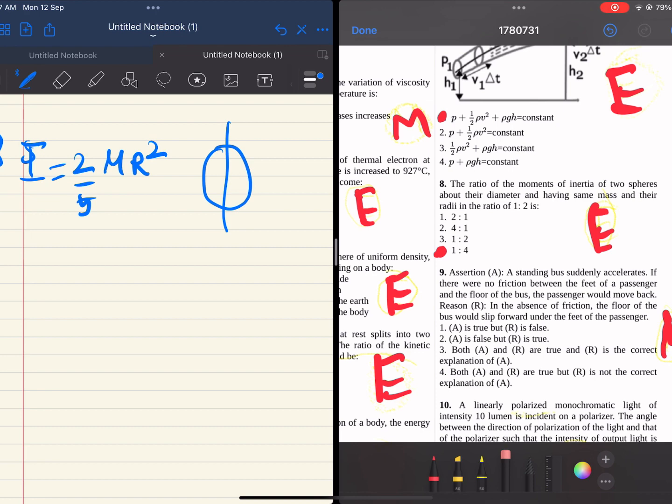In the absence of friction, the floor of the bus would slip forward under the feet of the passenger. Yes, this is absolutely right.